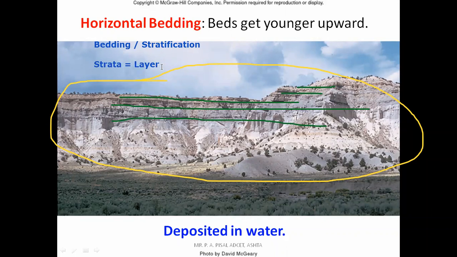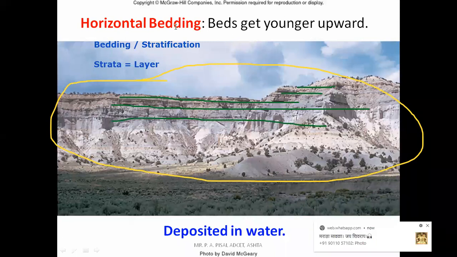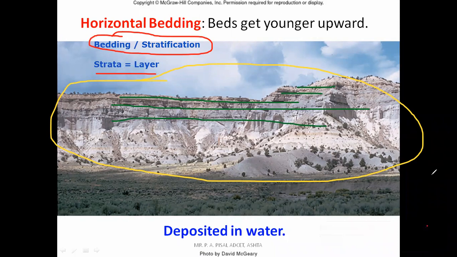So all the strata are parallel to each other and in a horizontal direction, meaning all the layers are horizontal and parallel to each other, then such a condition is considered a bedding or stratification structure. Strata means layer. So here you can clearly observe that all the layers are horizontal and parallel to each other.